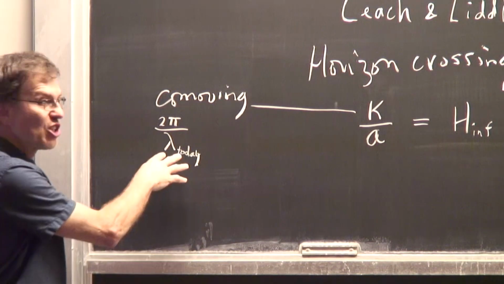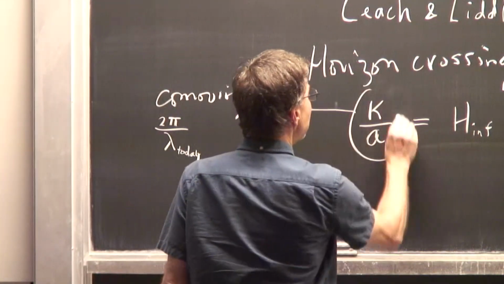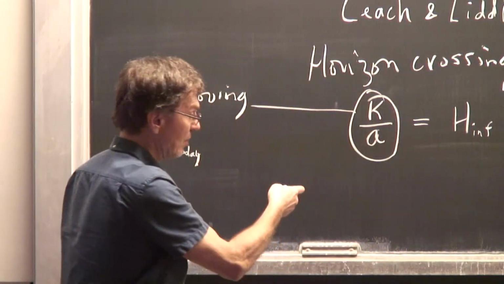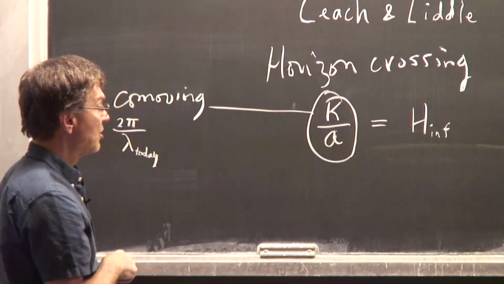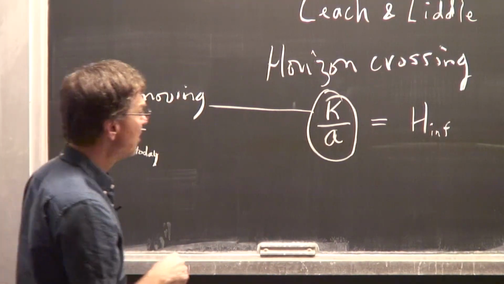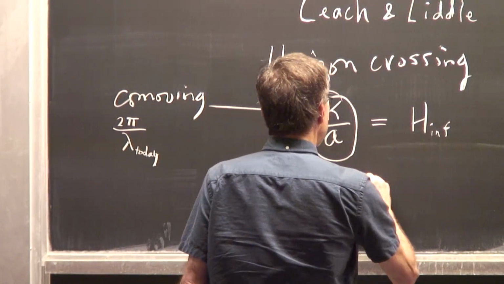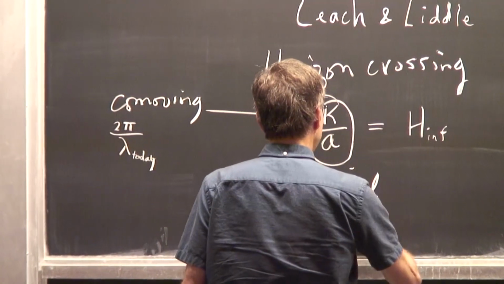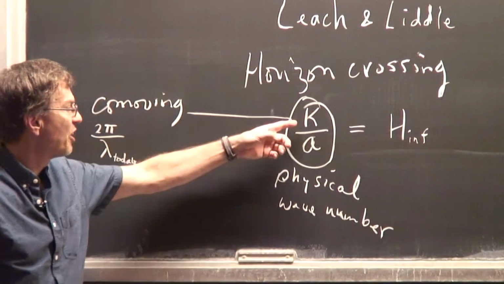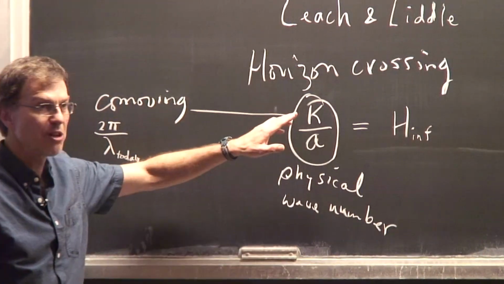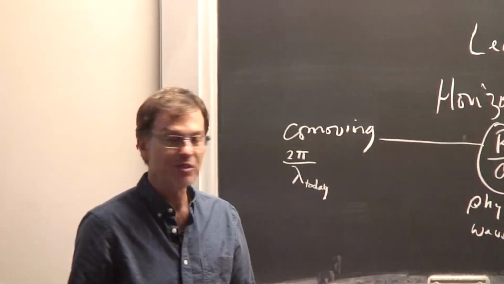But the physical wavelength is getting stretched by inflation. So this combination, and correspondingly, the wave number is going the other way. So this is the physical wave number. It's convenient to refer to comoving wave numbers when we talk about observations, because then we can just directly relate them to the scales that we measure in the sky.